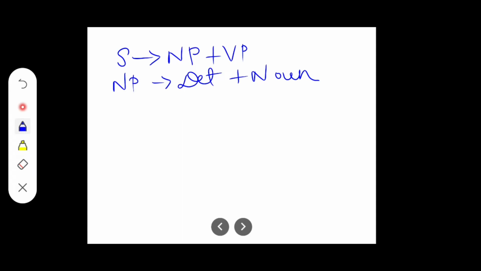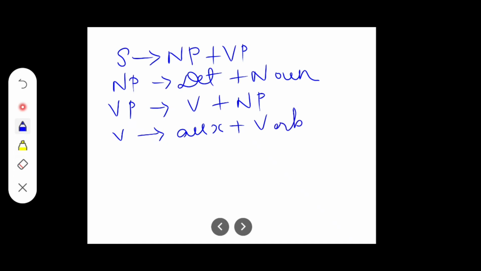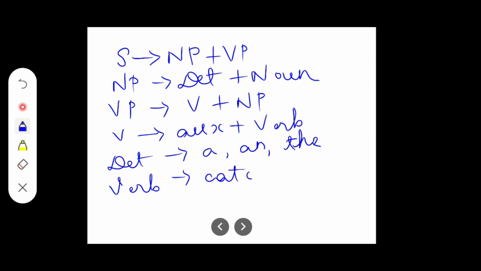Verb phrase is verb and noun phrase, and verb is auxiliary verb and the main verb. Determiners are a, an, and the.